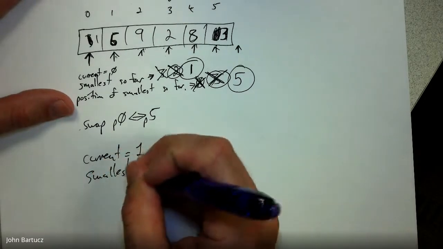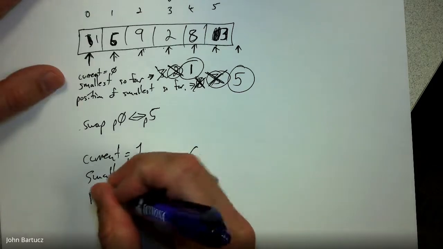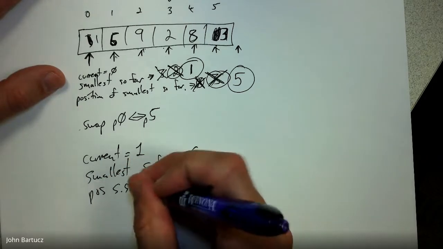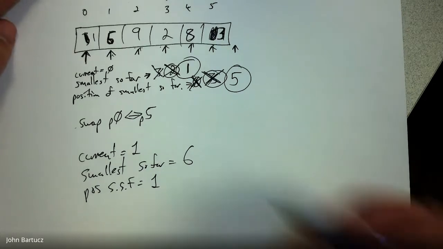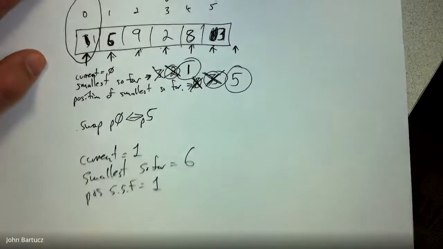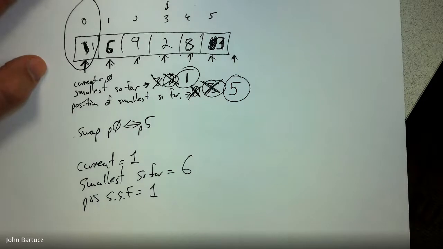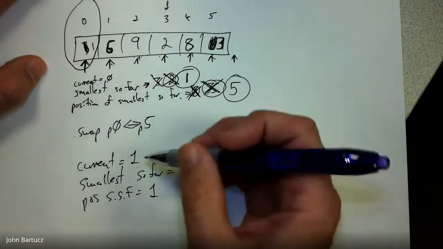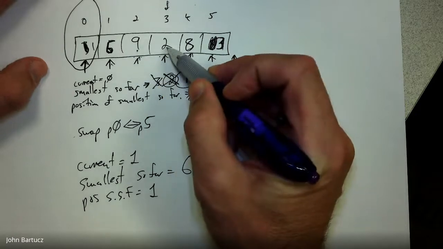Smallest so far is 6. Position of smallest so far is 1. And we do the same thing. We know we never have to look at this one again. We know that we've moved the smallest number into the first position. So now we start at the next one. 9 is not less than 6. 2 is less than 6.